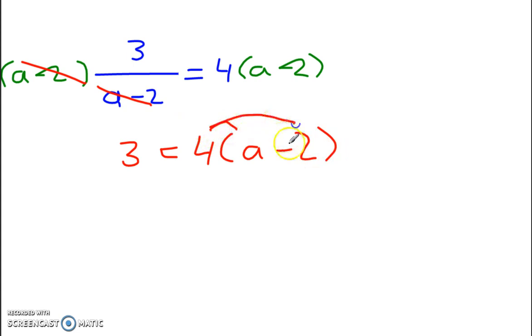Distributive property. And we get 3 equals 4a minus 8. Add 8 to each side.